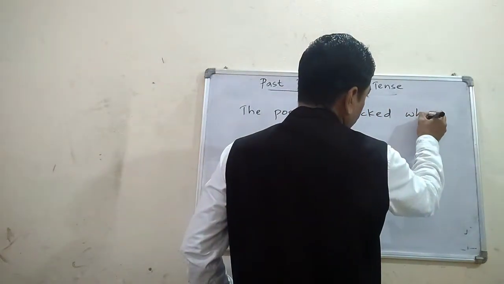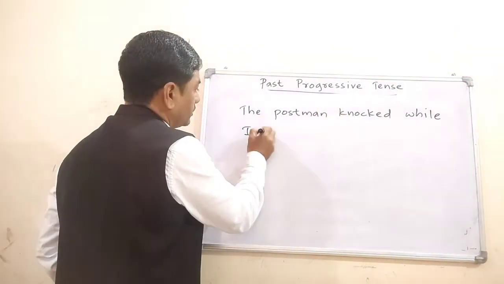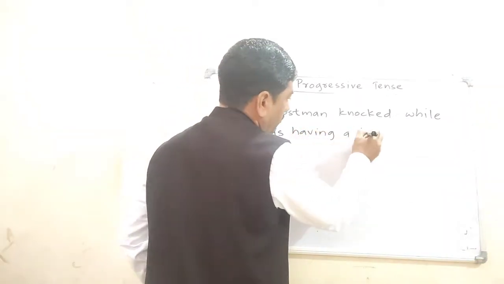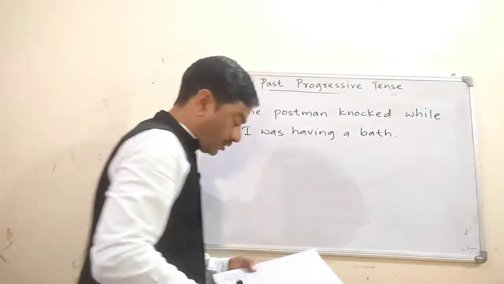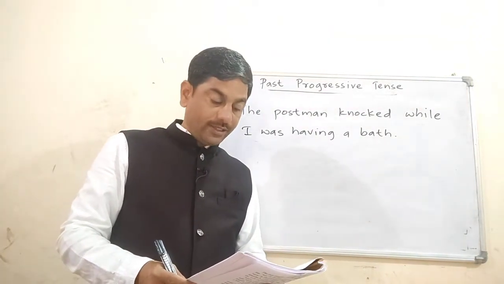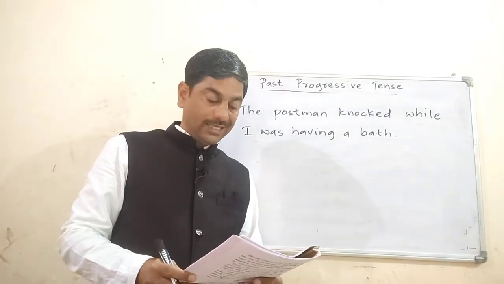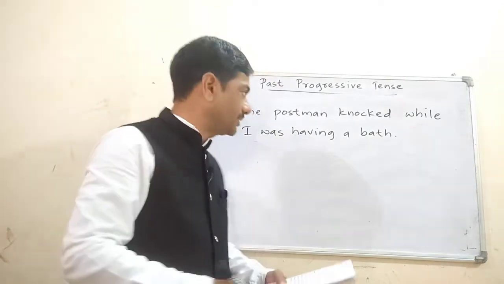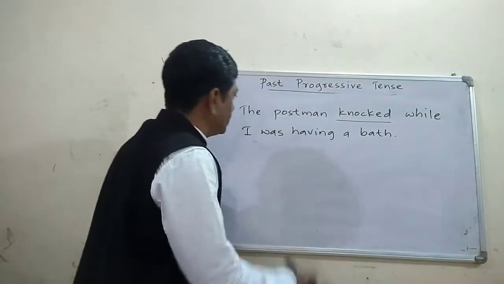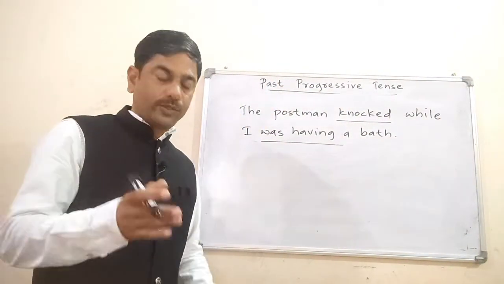One action takes place in the past while another is in progress. The simple past tense is used for the first and the past progressive tense for the second. So the postman knocked, here simple past, and while I was having a bath, here past progressive.